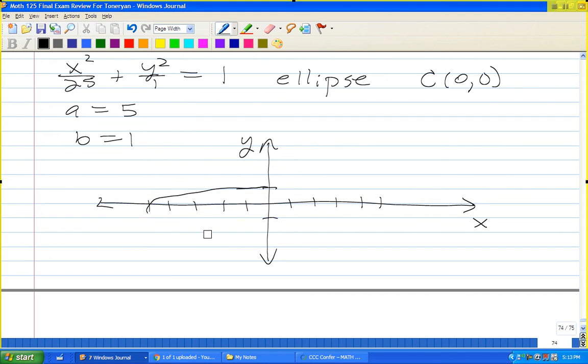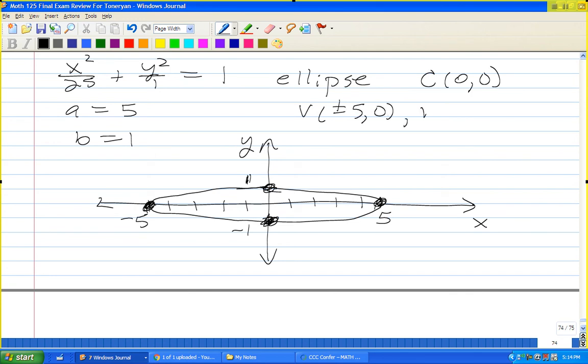Okay, let's try that again. Good enough. So at 5 and at 1. The vertices are at plus or minus 5, 0, and 0, plus or minus 1. So those are the vertices, and here's the center at the origin.